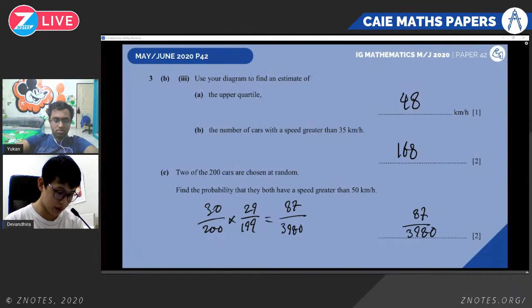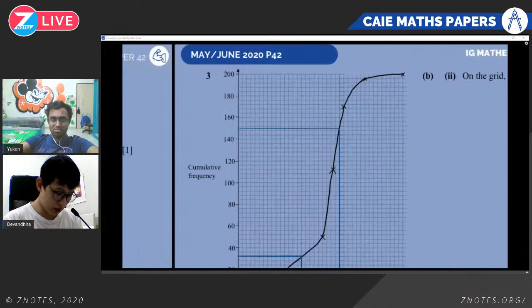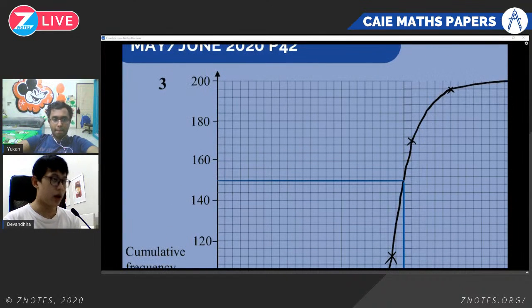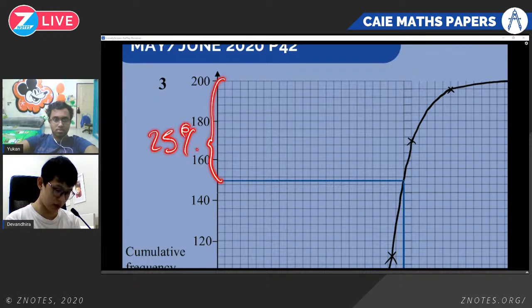Use your diagram to find an estimate of the upper quartile. Yugan, what's the upper quartile? So that is the top 25% of your entire data. Exactly. So that means in 200 frequency, our upper quartile has to be 150, right? Because this right here is 25%. Correct? Yep. Right.